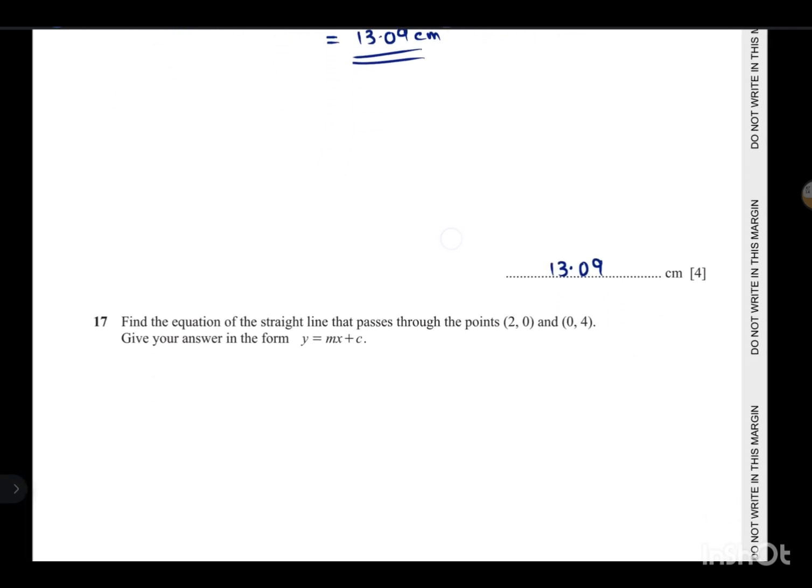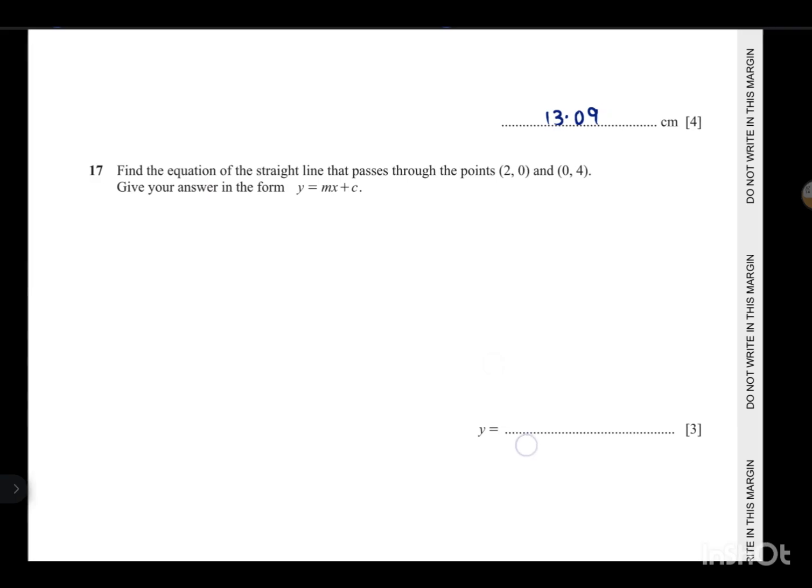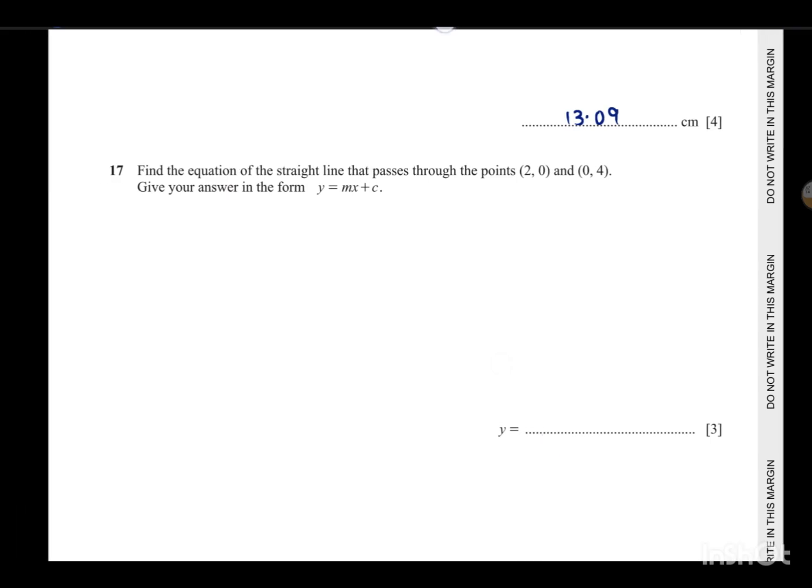Question number 17. Find the equation of the straight line that passes through the points (2, 0) and (0, 4). Give your answers in the form y is equal to mx plus c. So now the two points are given, (2, 0) and (0, 4). Using two points, how to find out the gradient?